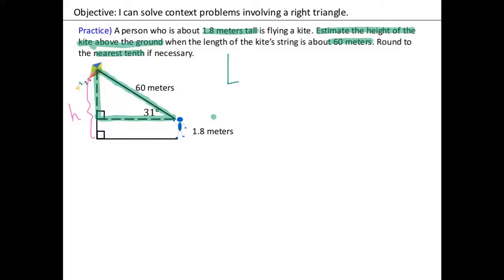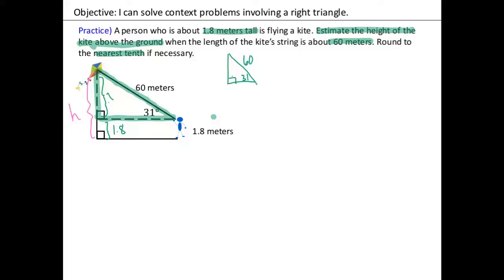So redraw your triangle. Here's my right angle. Here's my 60. This is 31. And really, I need to find this height. I know that this is 1.8 from here to here. I can find this height using the triangle here. And then once I get this, then I can add 1.8 to get the total height, right?